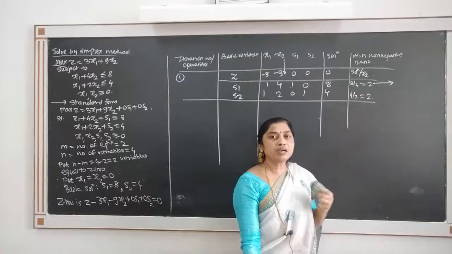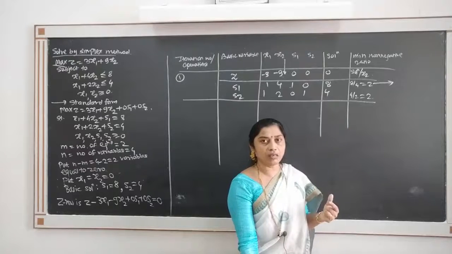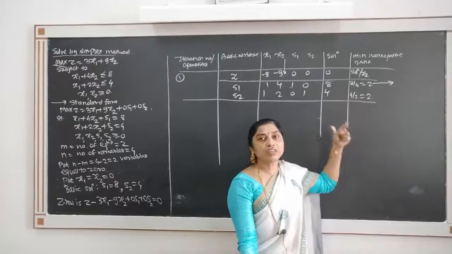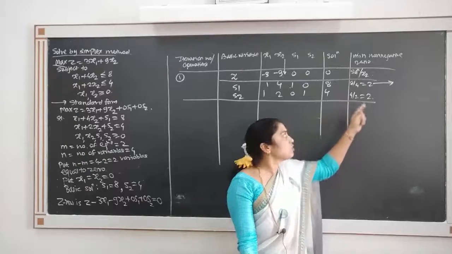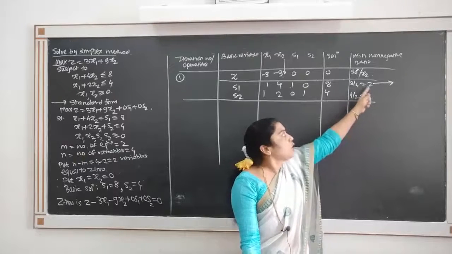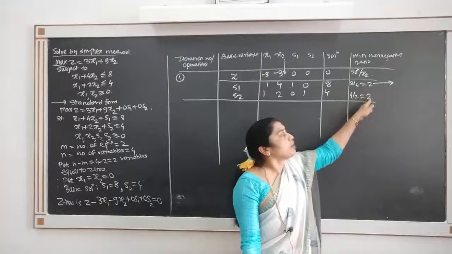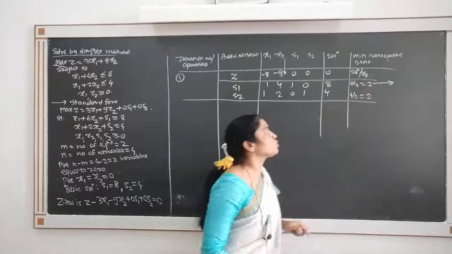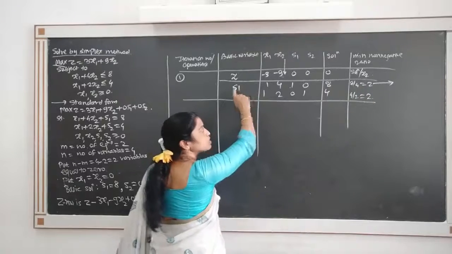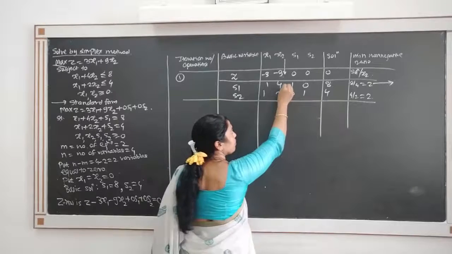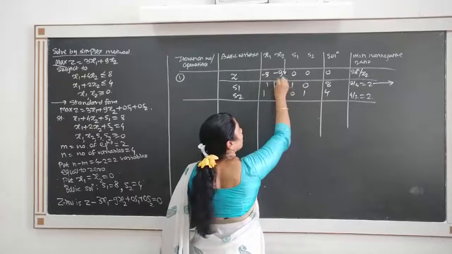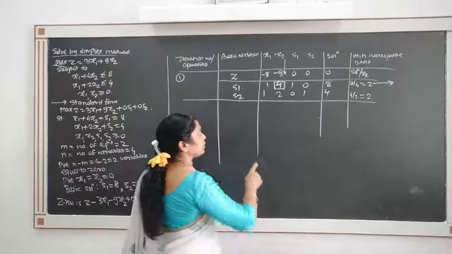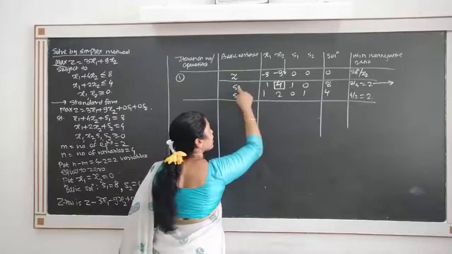Sometimes it will result in recycling or cycling because the case is a degenerate case. So more iterations may be required, and in such cases you can take any one of these arbitrarily. So I will take the first, that is the s1 variable, as the leaving variable, and therefore the pivot element comes to be 4.